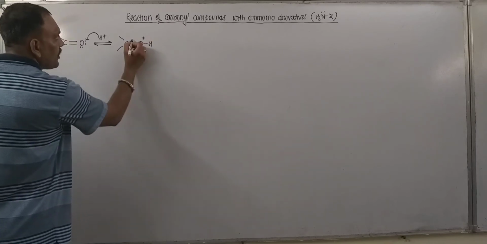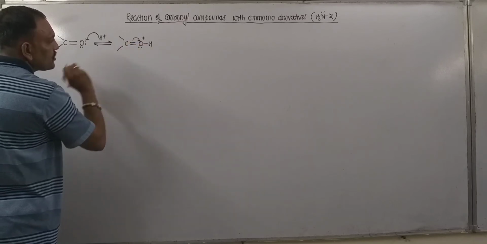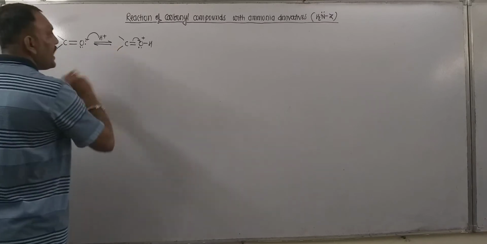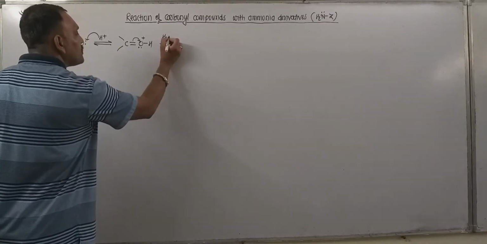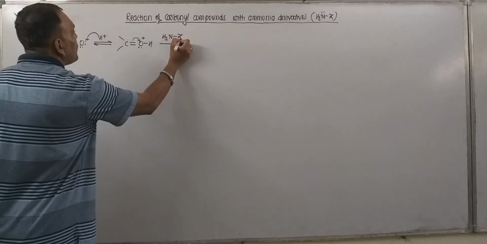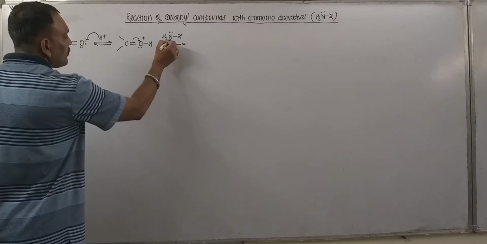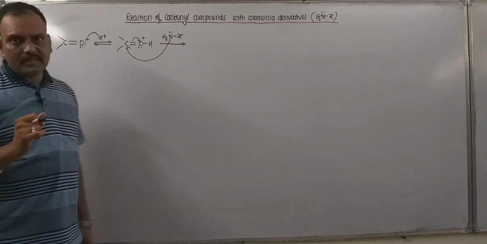Now at this point, oxygen attracts this pair of electrons, leading to a positive charge at the carbon. At this stage, the ammonia derivative, which contains nitrogen for sure, attacks the carbon, which happens to be electron deficient.